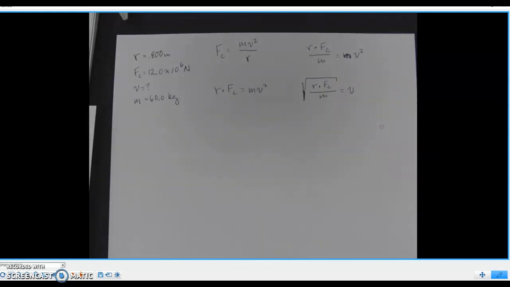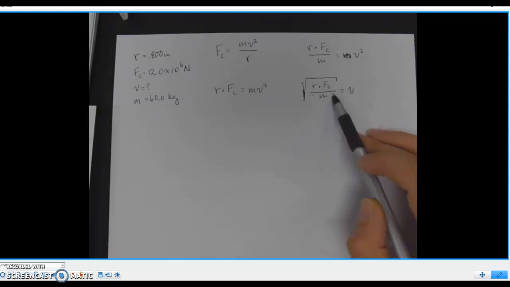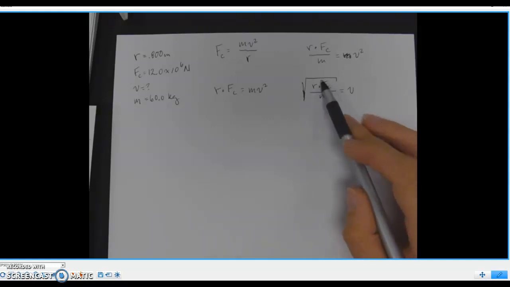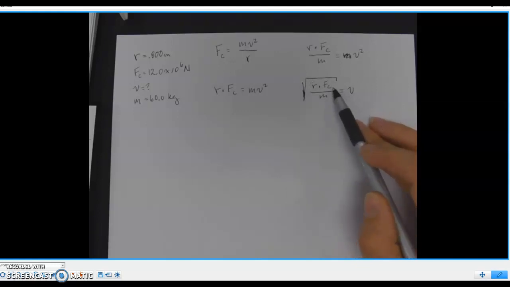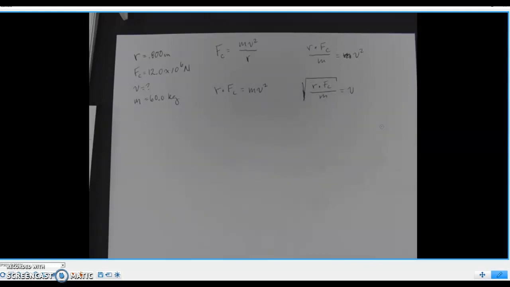And then I'd plug this all in my calculator. I would be mindful and careful of my parentheses, recognizing that I'm taking the square root of the entire thing, and I'm going to keep this on the top of my fraction, that on the bottom. And so I'll plug that in, and I get a final answer of 400 meters per second.